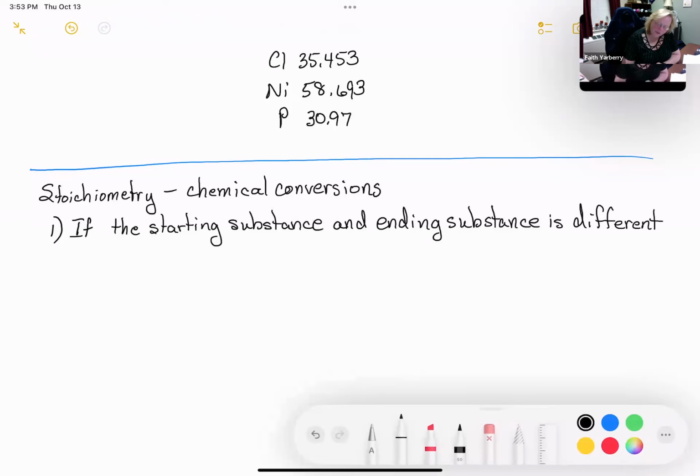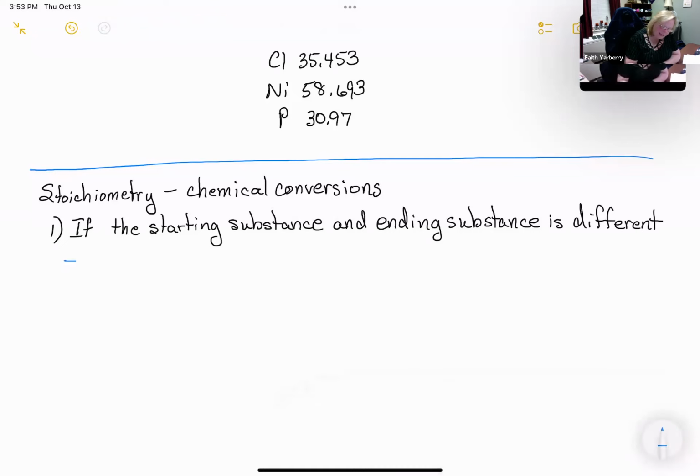If the starting substance and the ending substance are different, then that is your clue that you are going to need to use a mole to mole ratio during the conversion.